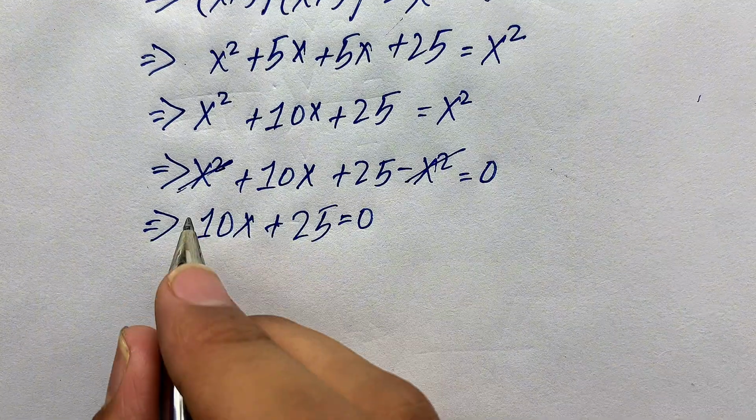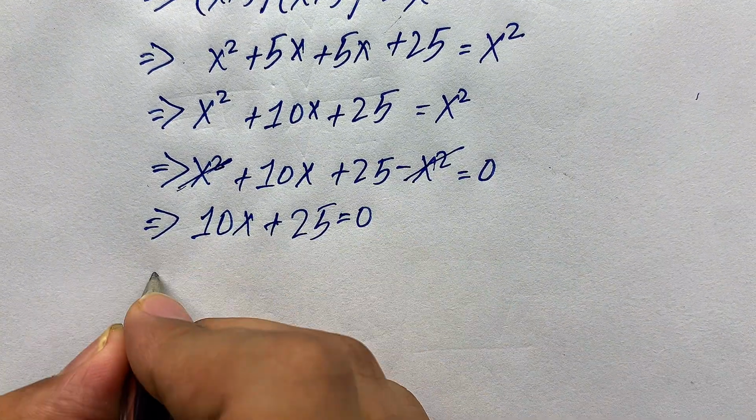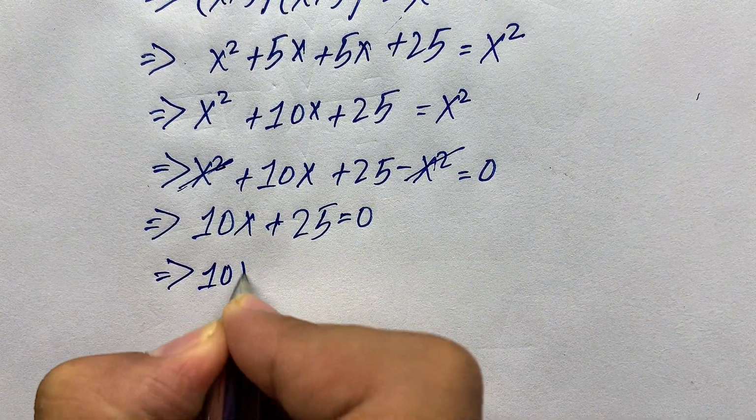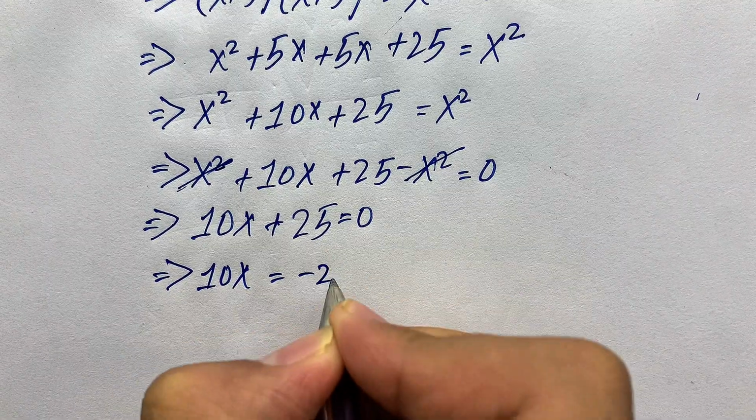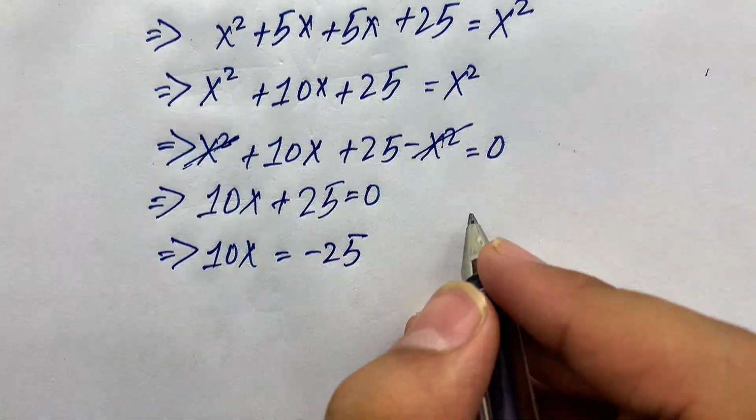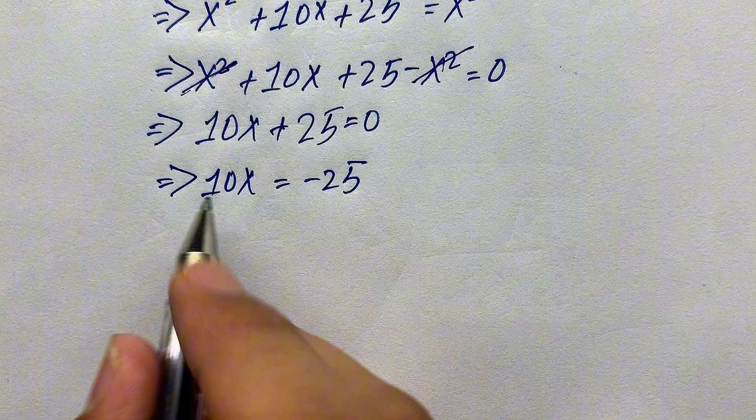In the next step, this 25 moves to this side, so 10x = -25, and now we divide both sides by 10.